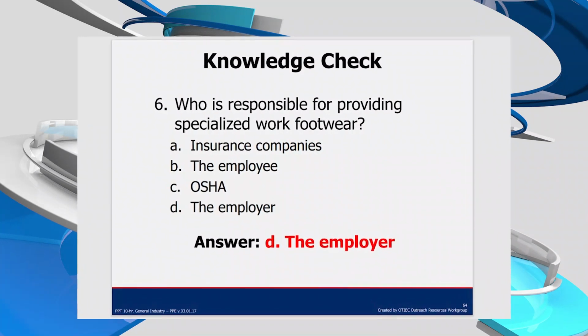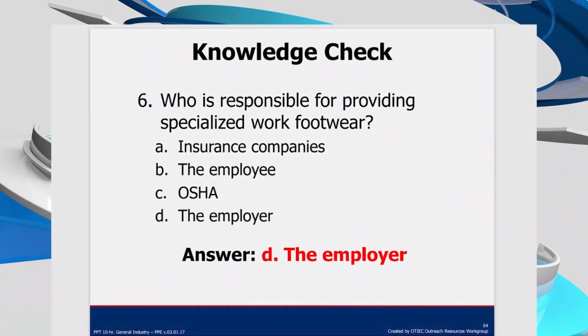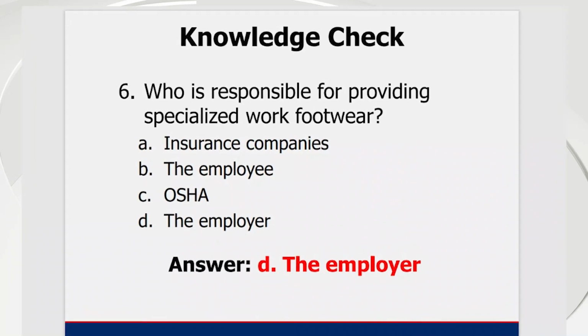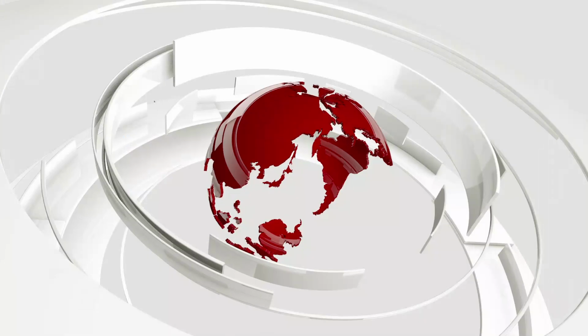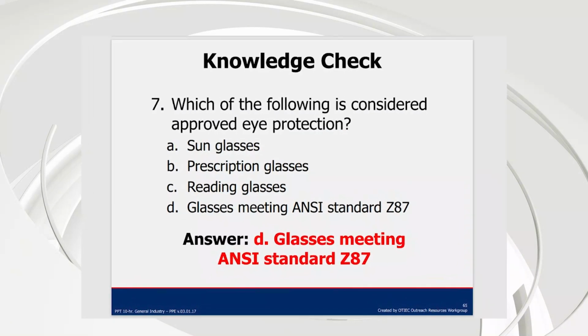Number 6. Who is responsible for providing specialized work footwear? A. Insurance companies, B. The employee, C. OSHA, D. The employer. The correct answer is D. The employer. Number 7.